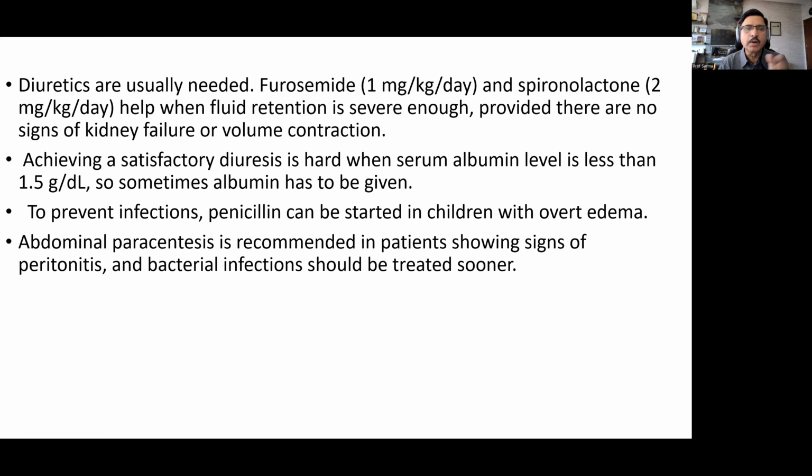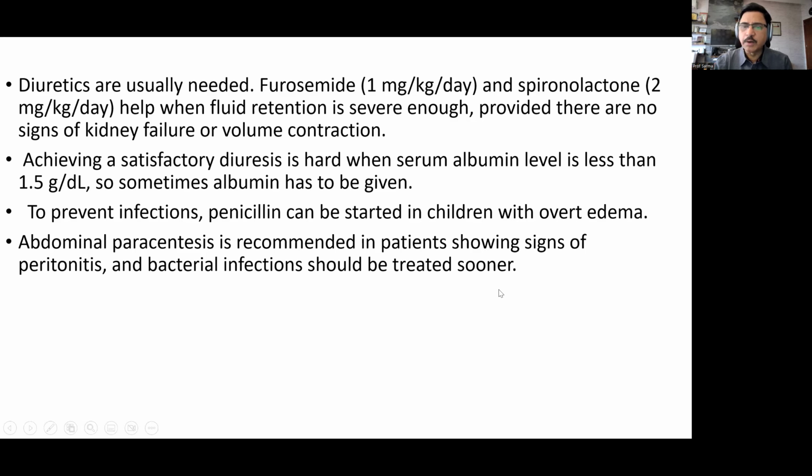If it is less than 1.5 grams per deciliter, we can go for IV albumin. To prevent further infections, penicillin can be started in children with overt edema, and abdominal paracentesis can be done for patients who show signs of peritonitis, and bacterial infection should be treated early.